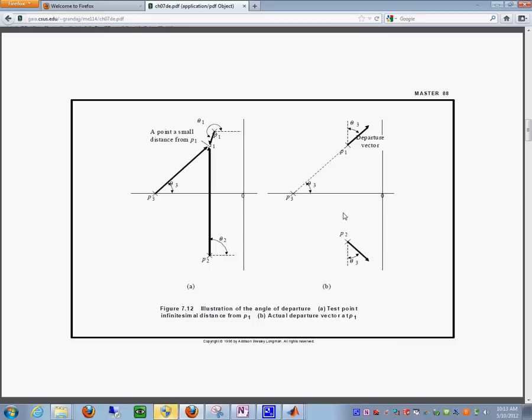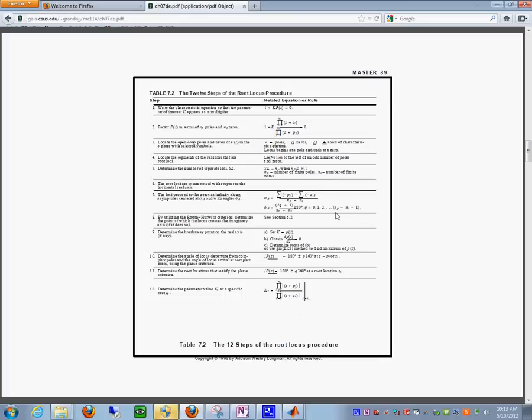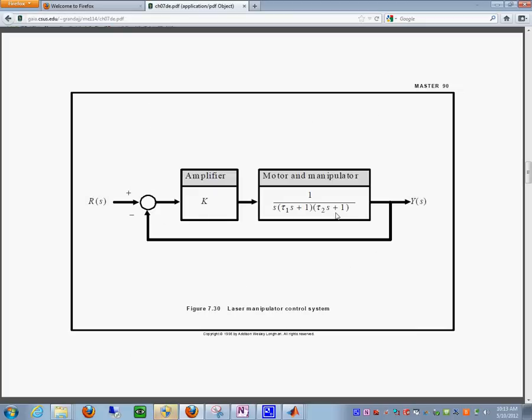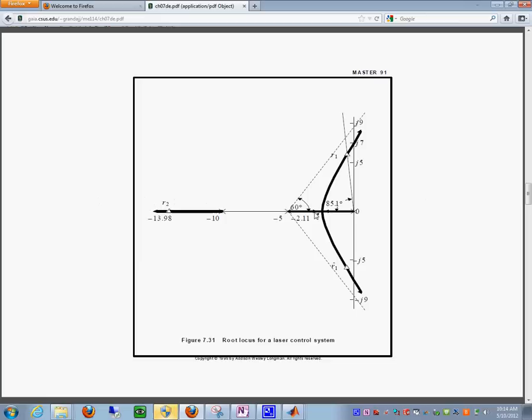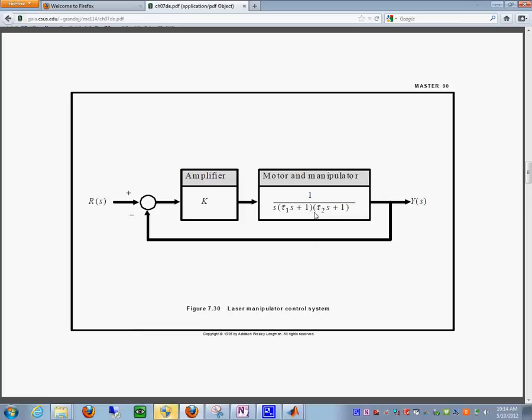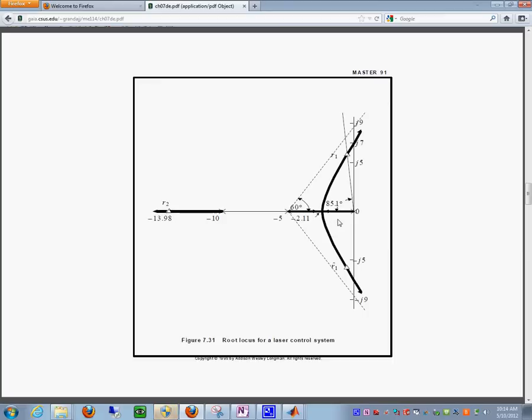Possibly this one, but let me see the transfer function. I think there are some plots in here of a different type, and let's see if we can do it. Yeah, see this one in here, if you have one like this, you'll produce a root locus like this, and what happens is you have the original roots, and as k goes to infinity, this is the point you are interested in, this crossover point.